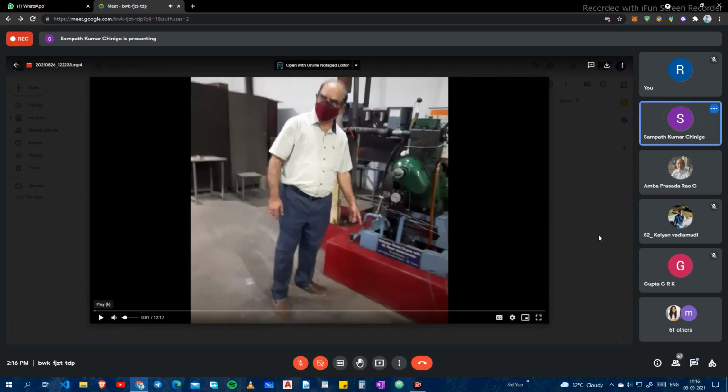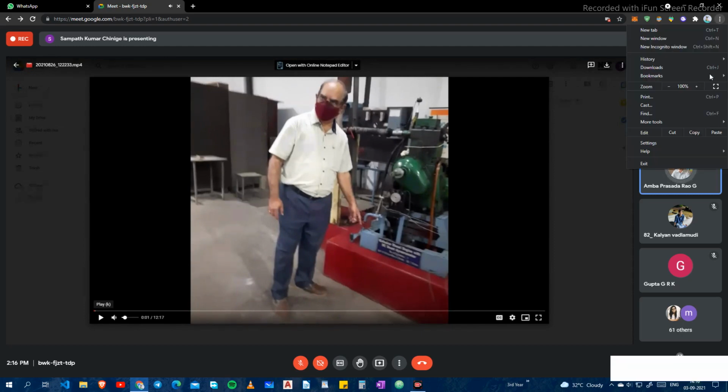Today we will be conducting the performance test on a single cylinder diesel engine. The idea behind conducting the performance test on a Kirloskar diesel engine is to observe the performance of the engine, how it behaves, what the fuel consumption is, what observations we make, and from the observations made, what parameters are derived.